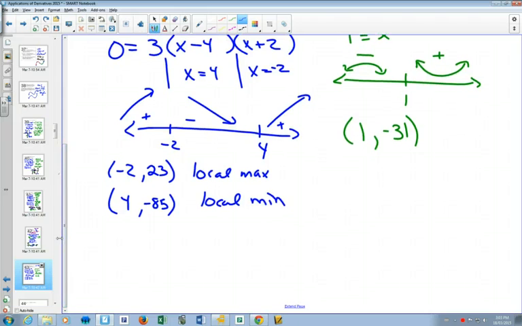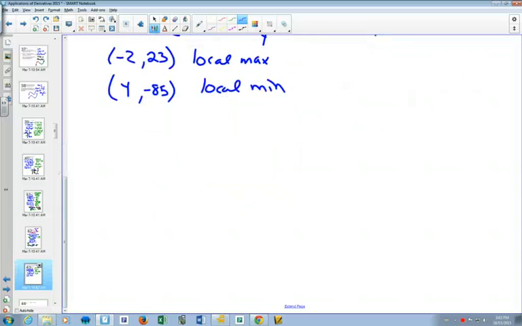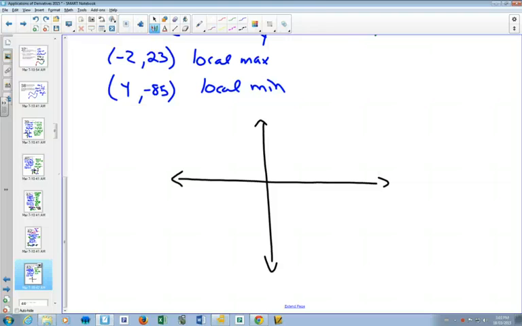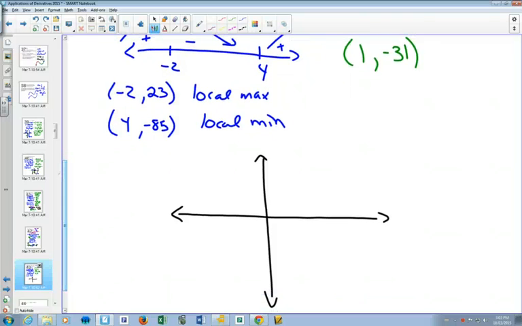So now when we go to graph this, looking at the values I'm going to have to do, 4, negative 85 seems to be the largest of the numbers. So I'll put that one down there. Negative 2 comma 23.